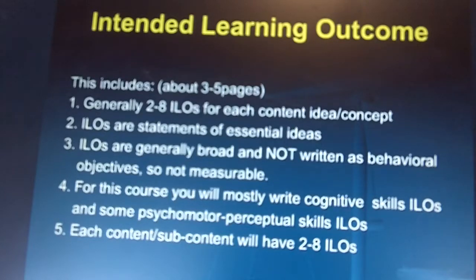And we'll go back to that later too when we talk about teaching strategies. So for example, if an intended learning outcome is about giving students experience of researching, then we have to design an instruction where students can research on a certain topic.